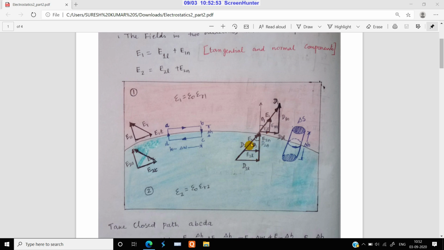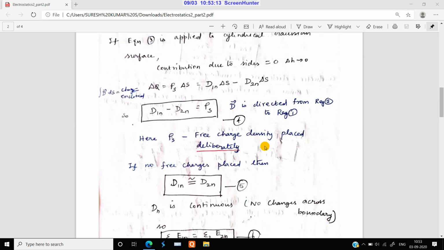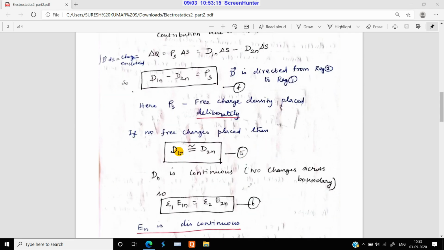Also we can decompose E2 into E2t and E2n, and E1 into E1n and E1t.